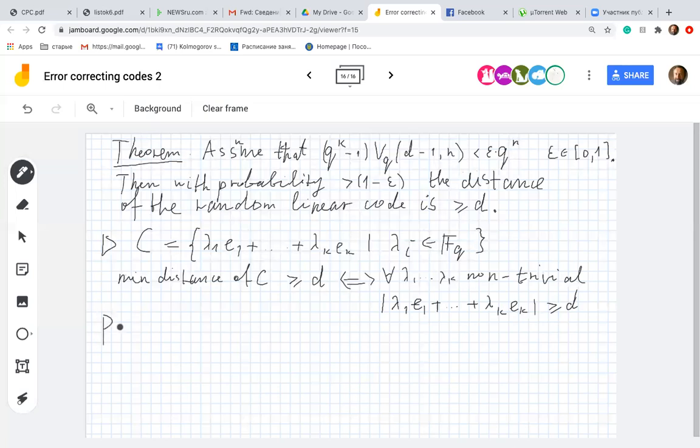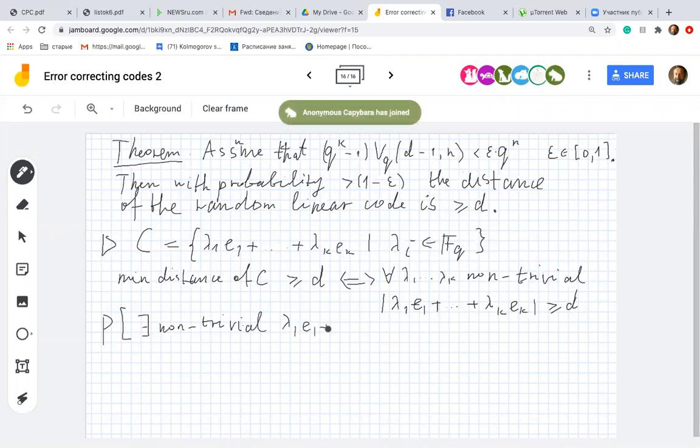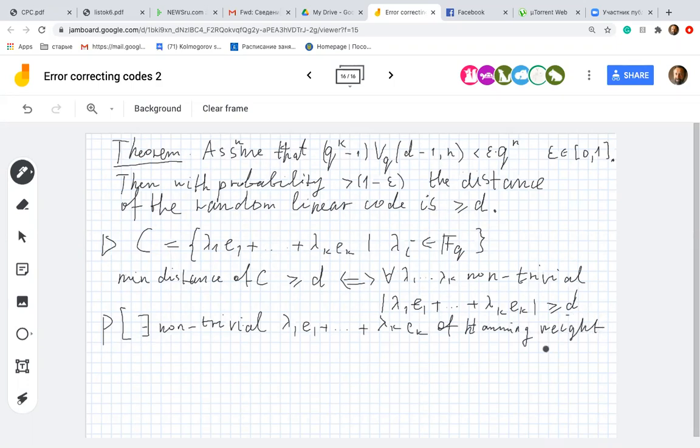So the probability that there is a non-trivial linear combination of Hamming weight less than d, that is at most d minus 1.